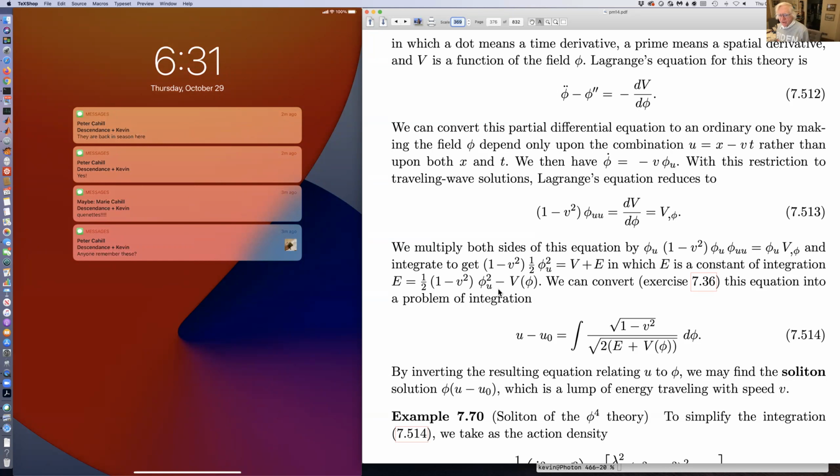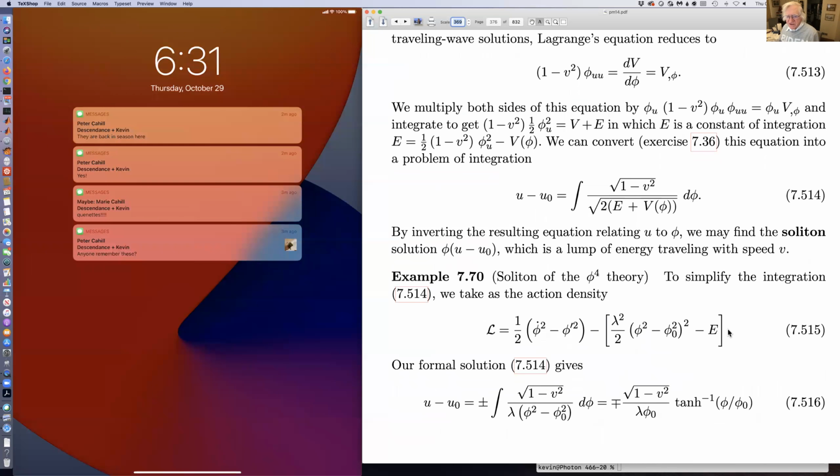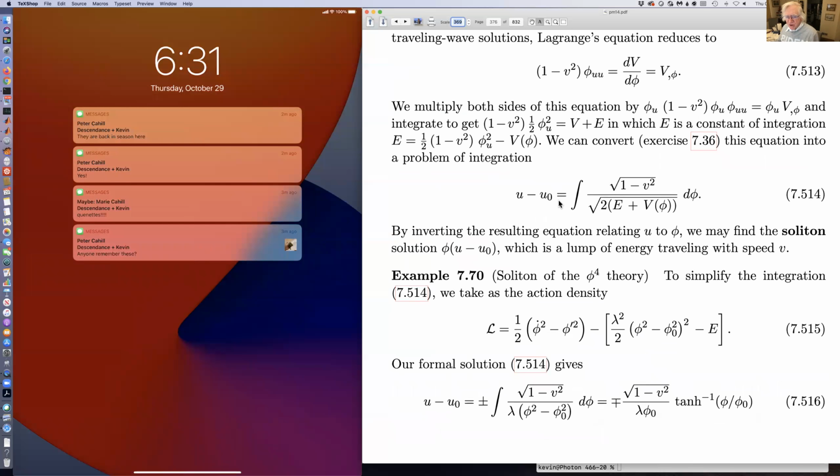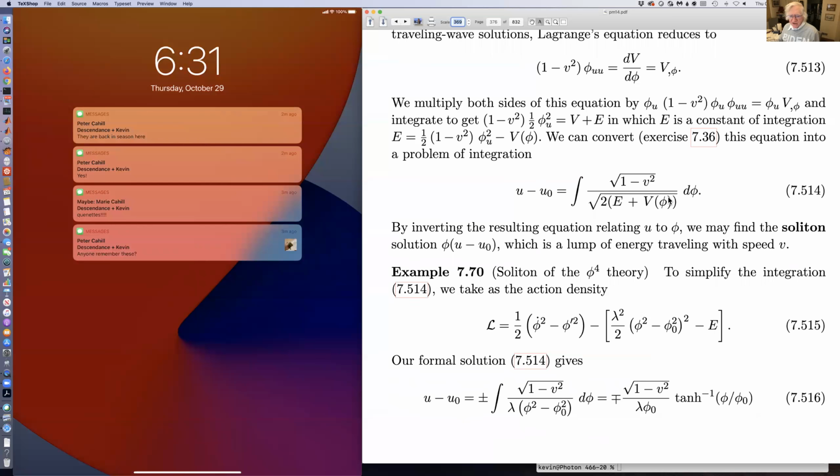First order nonlinear, those are ones that typically you can solve. It's just a calculus problem of integrating. And so now we get u minus u0, or u is u0 plus this integral.